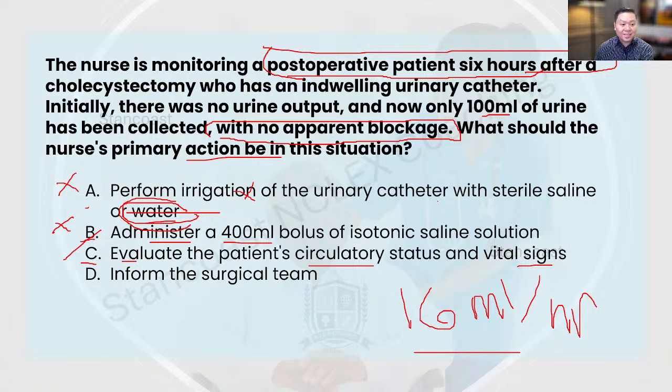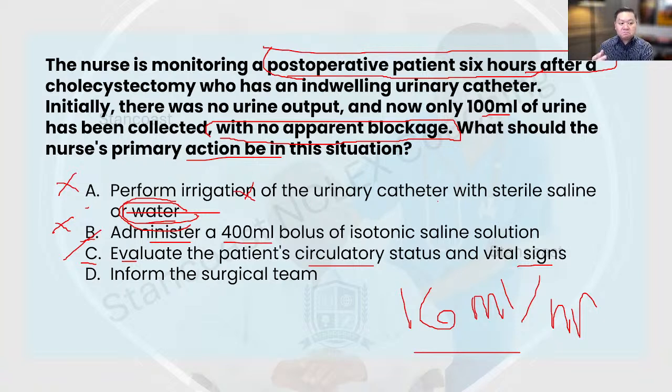Readily eliminate that, unless there is something about ABC compromise. We don't have that information either. So the next strategy here is to identify the primary and secondary factors in the situation. We need to distinguish between the primary causes and also the complications.